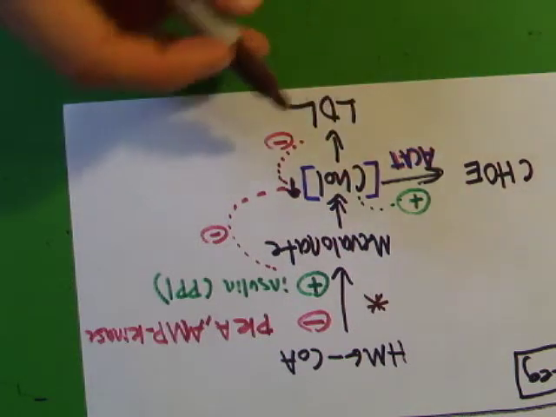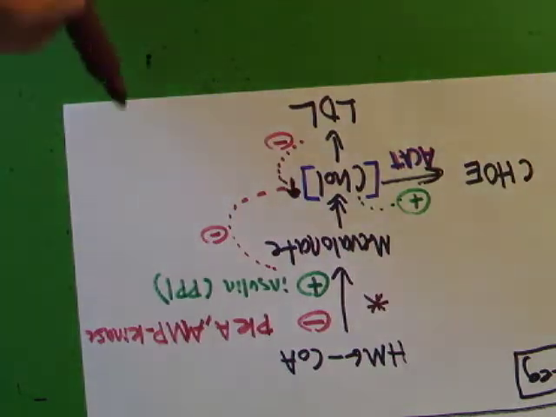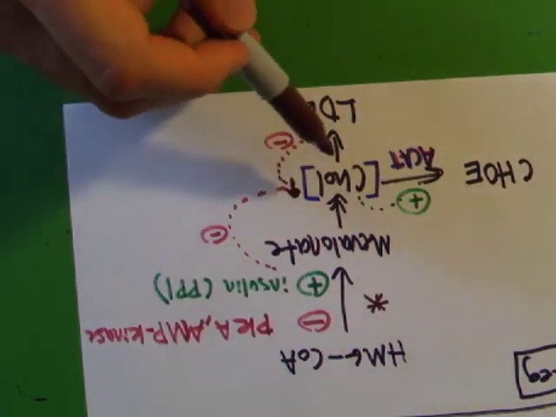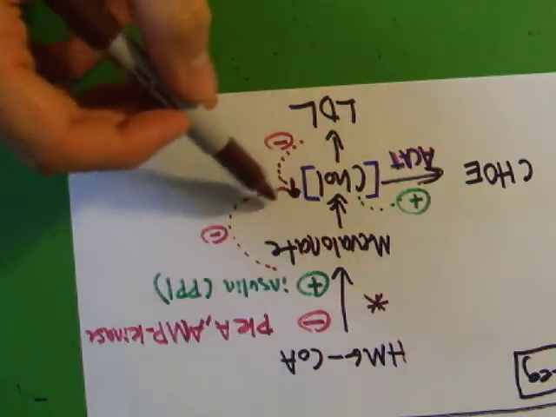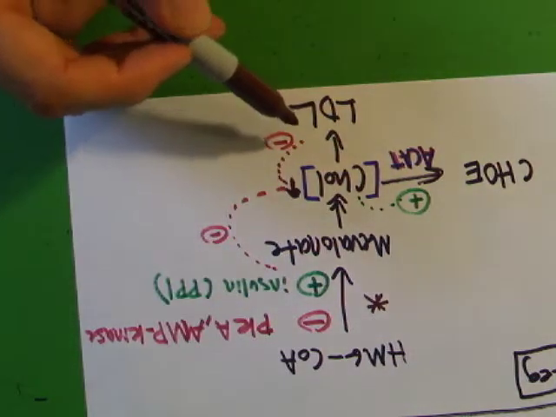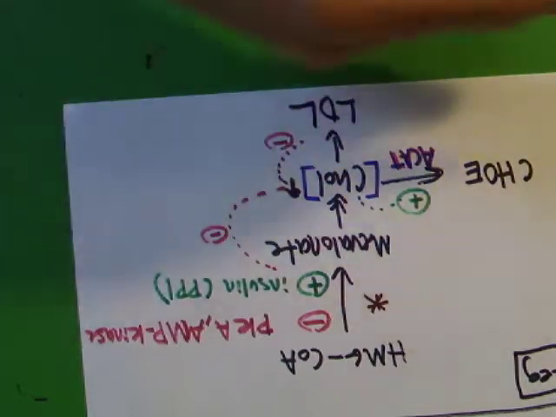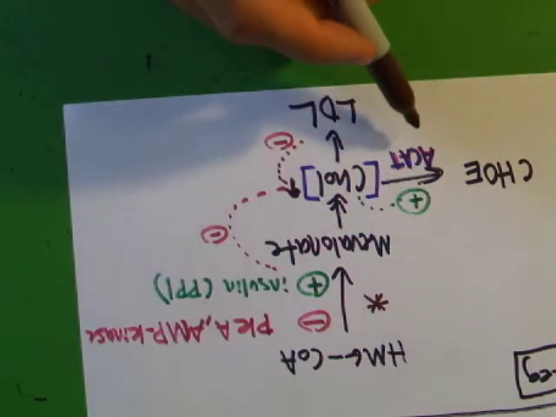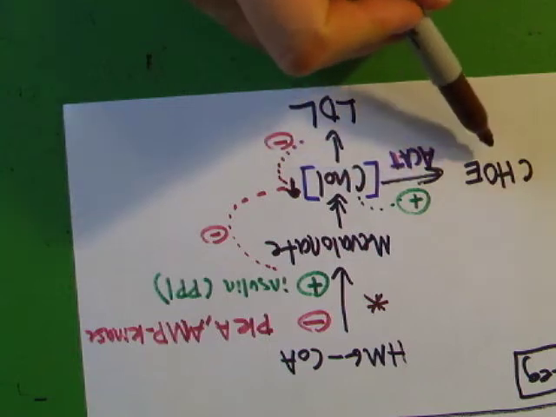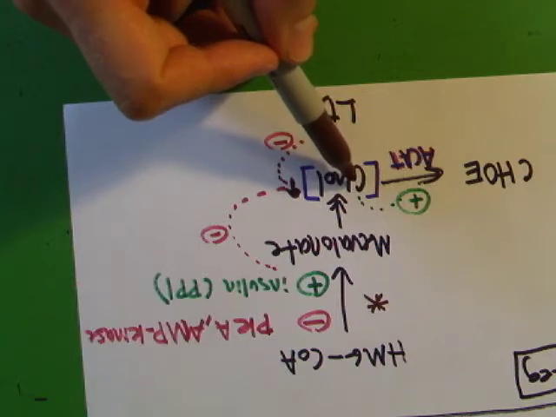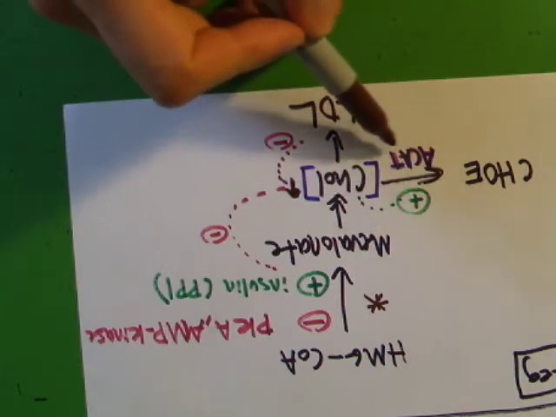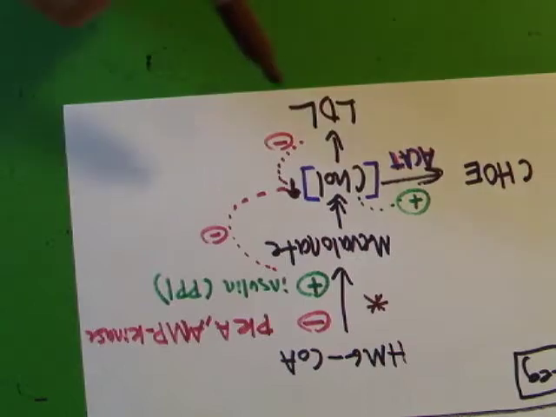Like, we have enough LDLs, let's slow down this process. So high cholesterol inhibits HMG-CoA reductase, inhibits production of LDL, and you're going to try to shunt some of the cholesterol away and store it as cholesterol esters over here. So high concentration of cholesterol is going to stimulate ACAT, which is turning cholesterol into cholesterol esters.